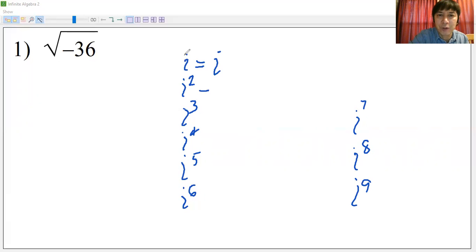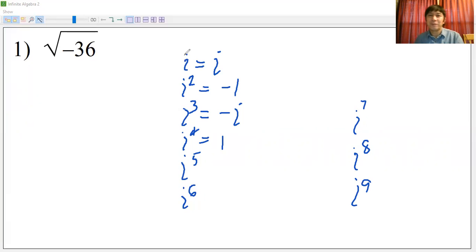Then i squared is negative 1. i cubed is negative i. i to the fourth is positive 1. That's i squared times i squared, so it's negative 1 times negative 1.